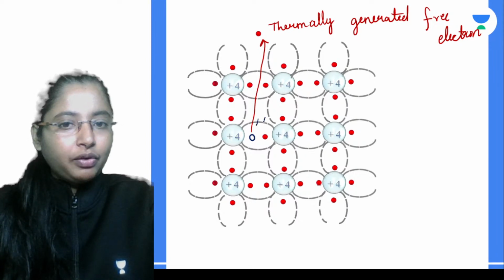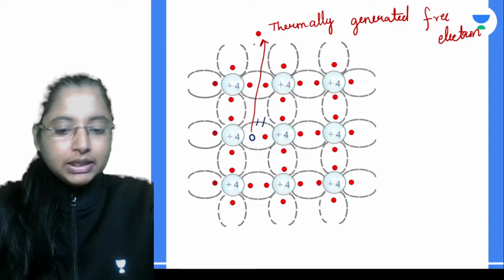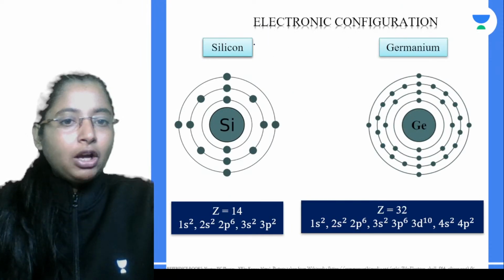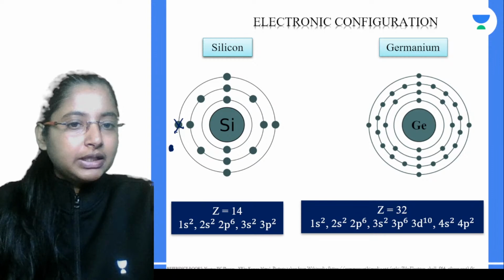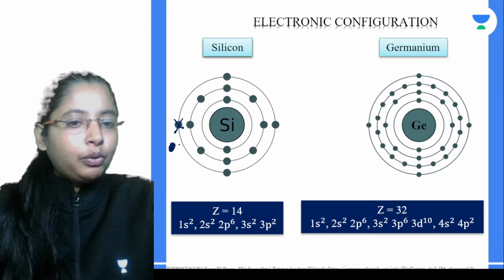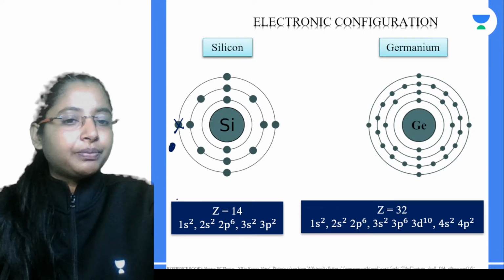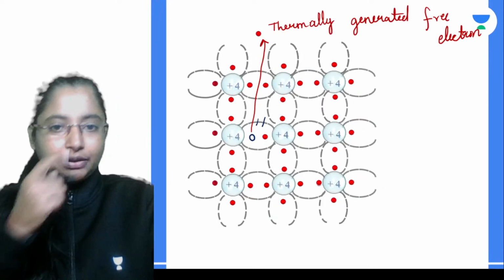It breaks the bond and leaves the system. What this means is that one electron from this valency bond has moved outside and is free. Since it has moved outside, there is a vacancy in the outermost shell, and that one electron is available for conduction. That is what we mean by a thermally generated free electron.